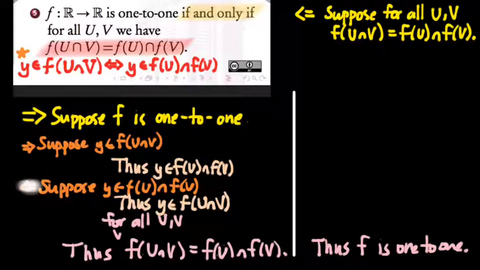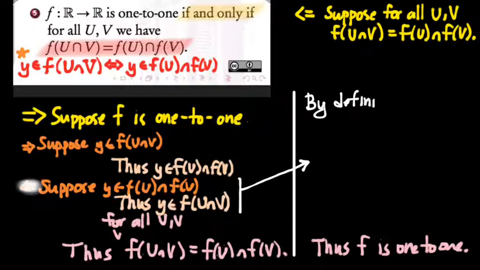Okay. So suppose that y belongs to f of u intersect f of v. We want to prove that therefore y belongs to f of the intersection. I'm just going to draw this over here, and so that's the step that I'm going to try to prove. So to do this, the first thing I want to do is, well, I don't want to use the definition of the image of a set yet, because the first thing I want to notice is that y belongs to an intersection.